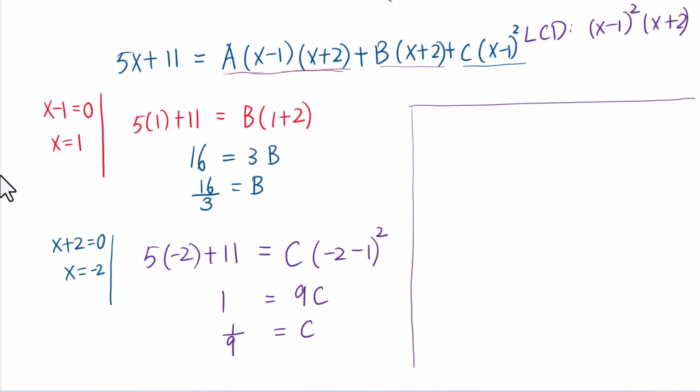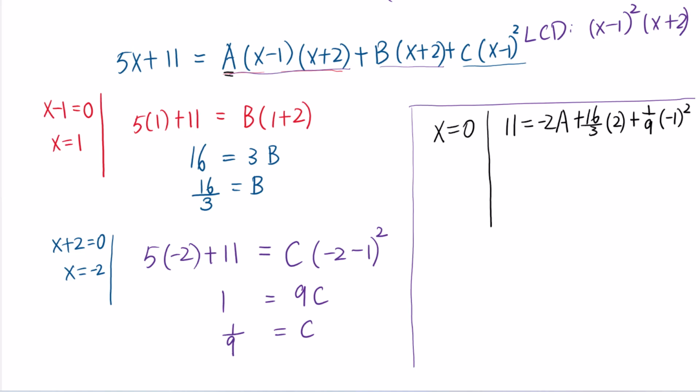Third step, we need to figure out this a. Let's make x equal to 0. Substitute 0 for x. We got 11 equals negative 1 times 2 is a negative 2a, plus b is 16 over 3 times 2, plus c is 1 over 9 times negative 1 squared.